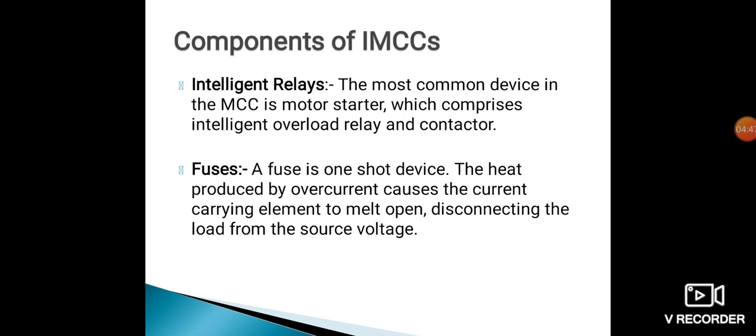So this is the basic working principle of the fuse. A fuse is a disconnect switch which is used to provide overcurrent protection. A properly sized fuse located in the switch opens the circuit when an overcurrent condition exists.